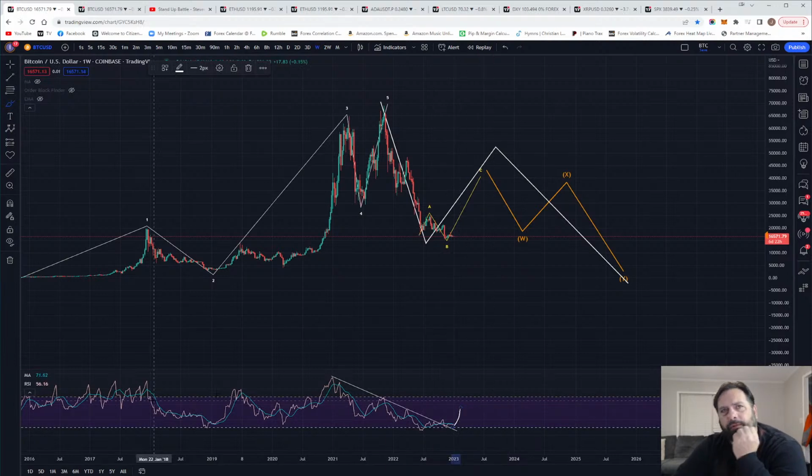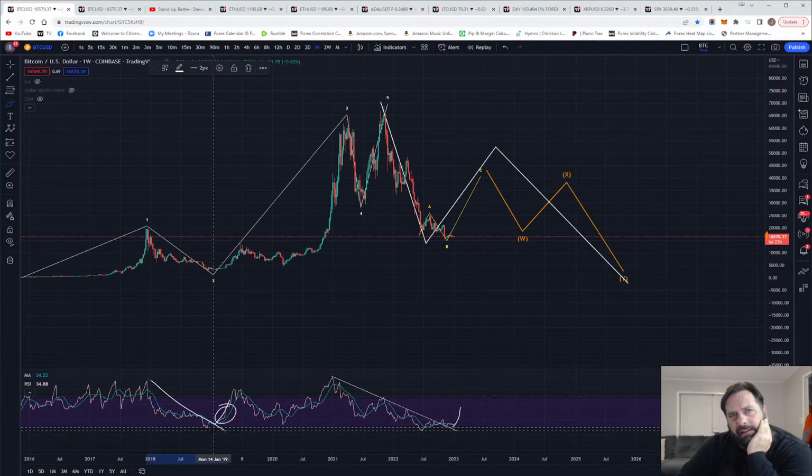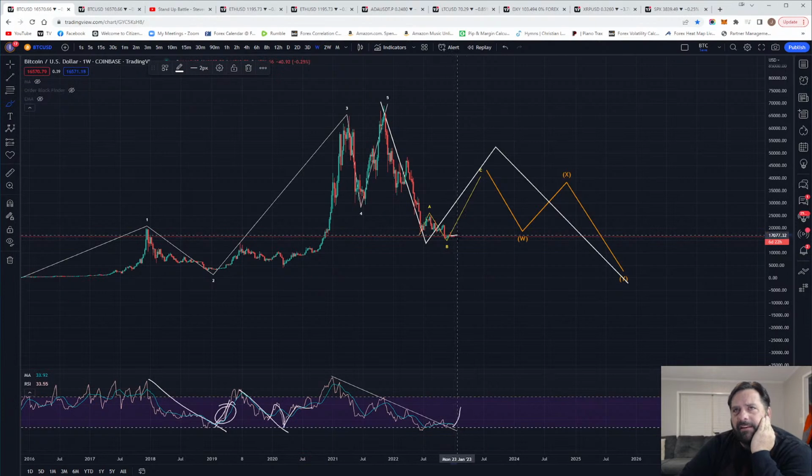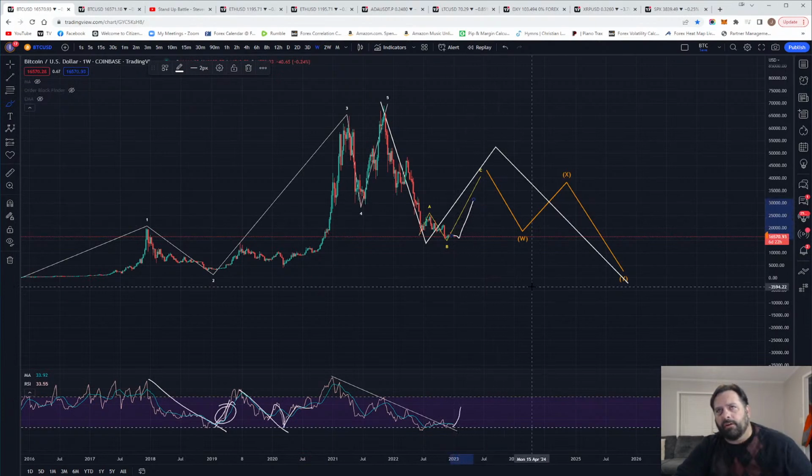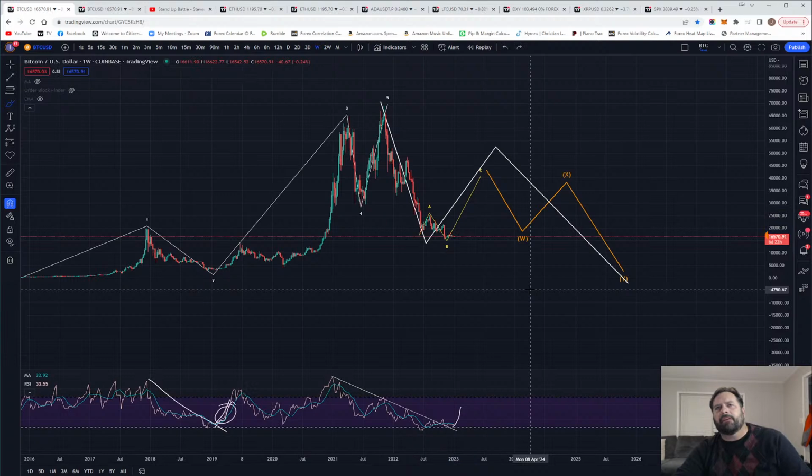That would be the next move, something along these lines when we start breaking out of this trend right there. And then we start breaking up. So we've got the same thing there: we broke up, we retested, and then we started moving to the upside. So we're waiting for this to find a bottom and then work its way to the upside. That's kind of what I'm looking for.